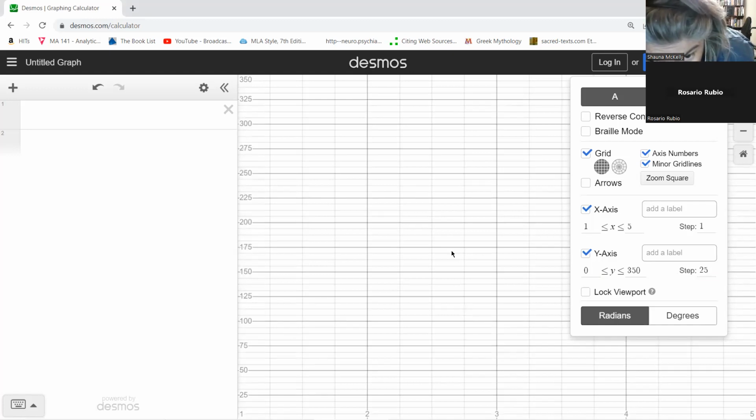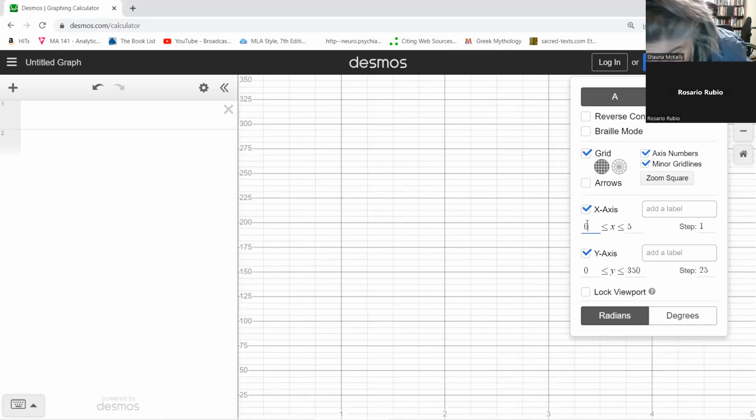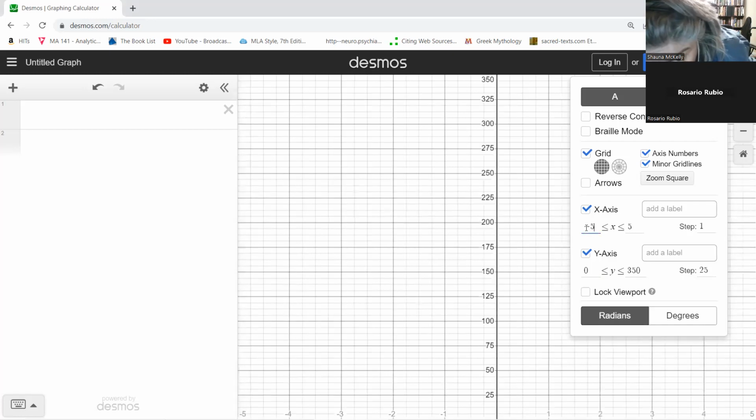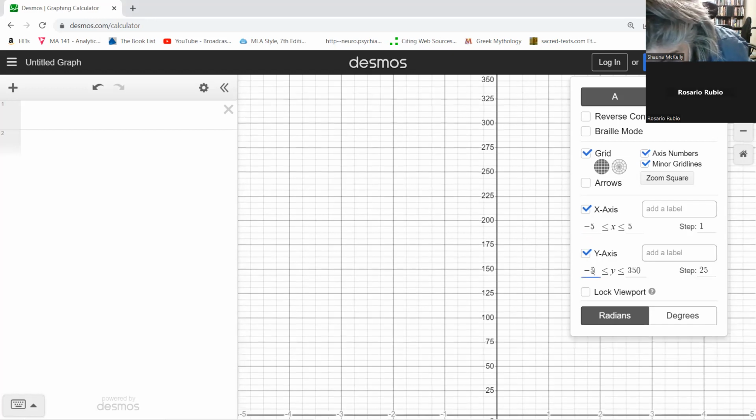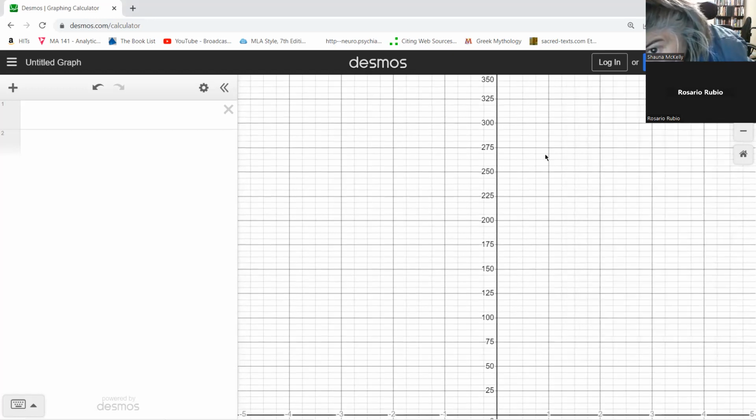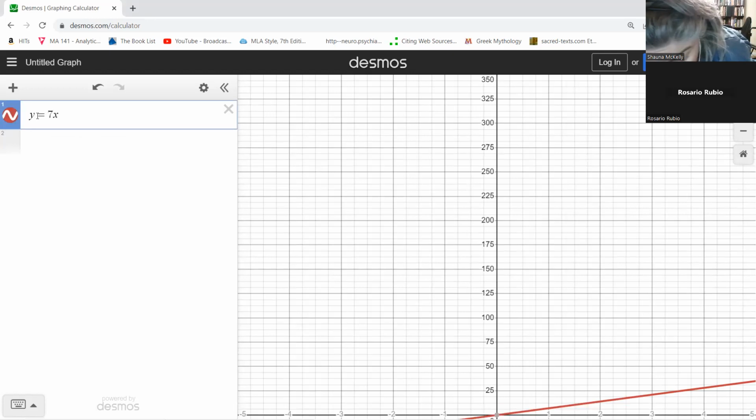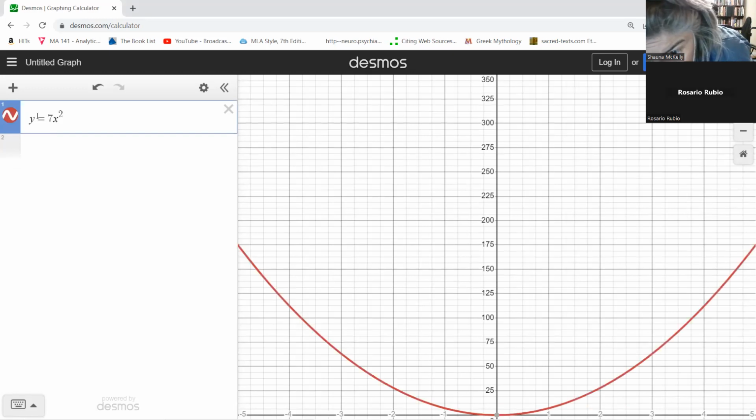Actually, I'm going to go back to negative 5 so we can see a y-axis. I'm going to graph the graph they give me, y equals 7x squared. I just want to show you what they're asking so that you understand what this is saying to you. So here's the graph.